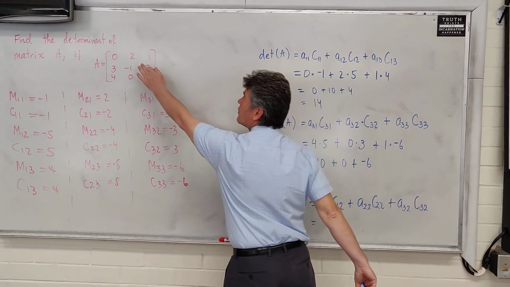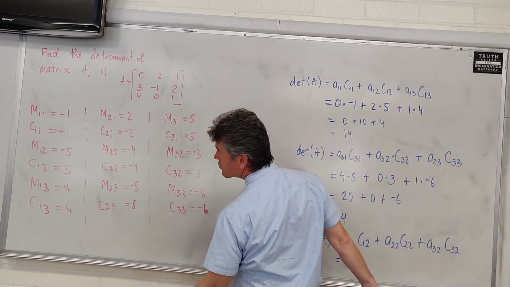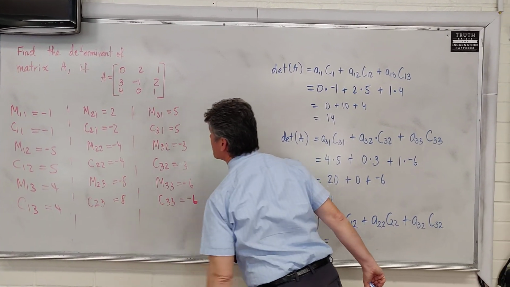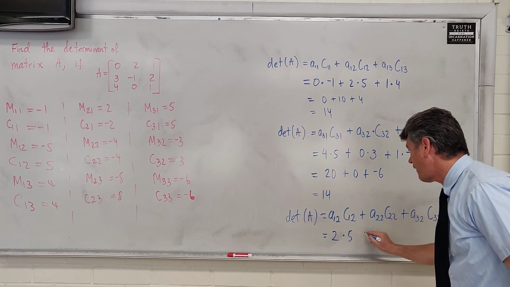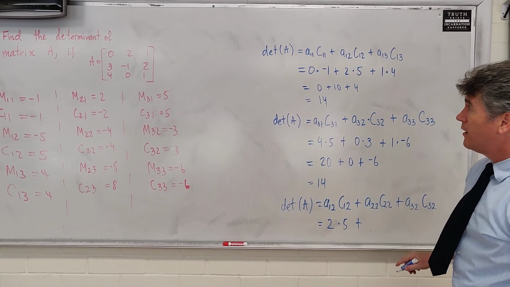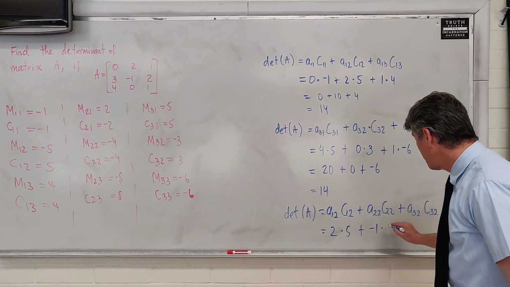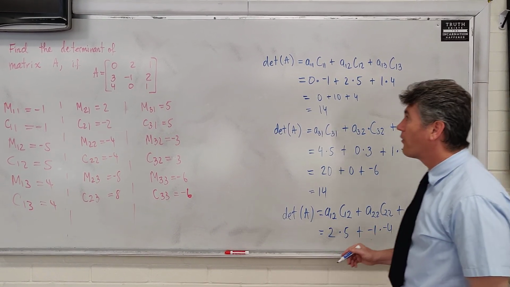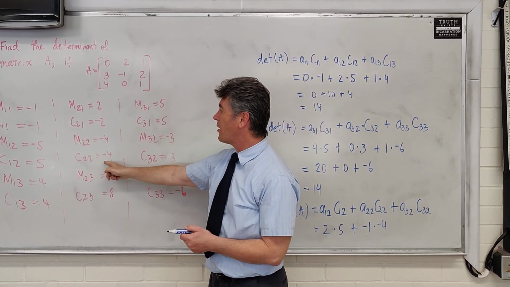We got 2 times 5, plus -1 times -4. Entry, second row, second column, its cofactor.